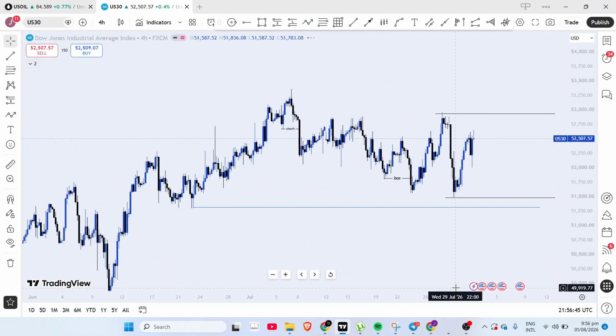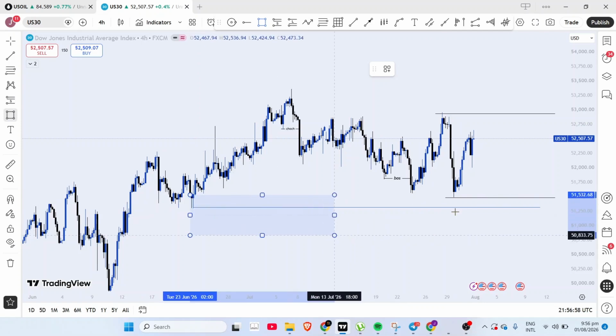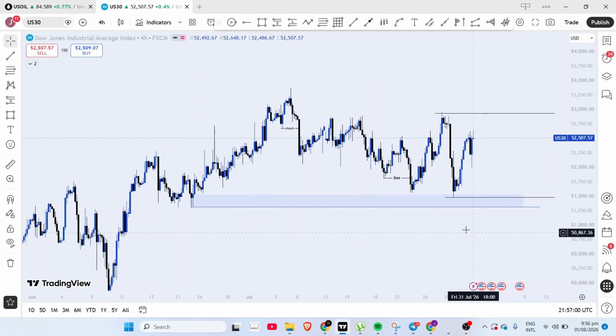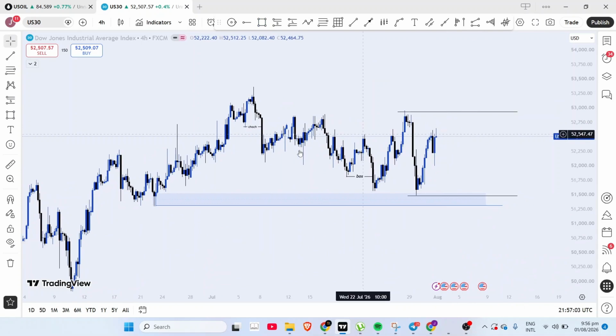So on the 4-hour time frame, what I'm seeing is you can see we had a break of structure here from this left side. Then price is now reacting from here on US30.